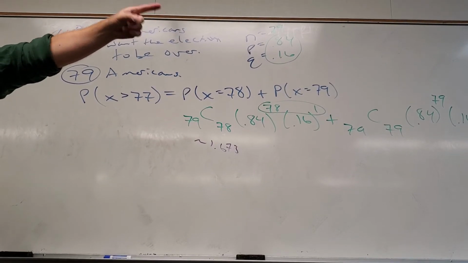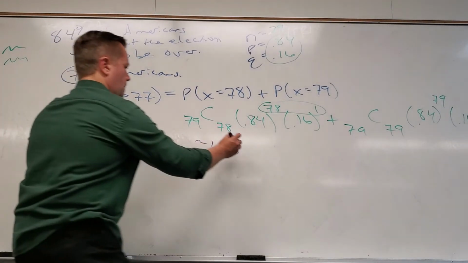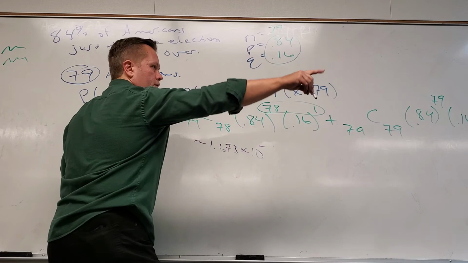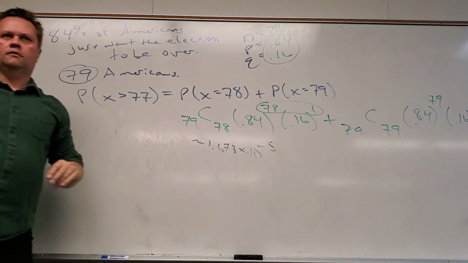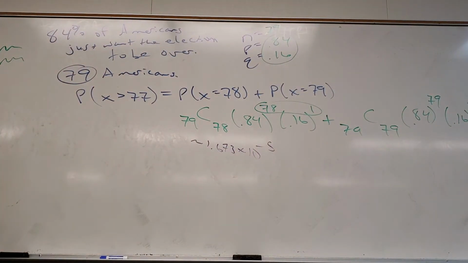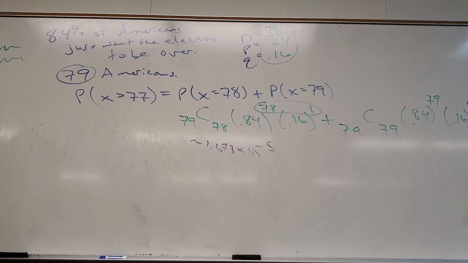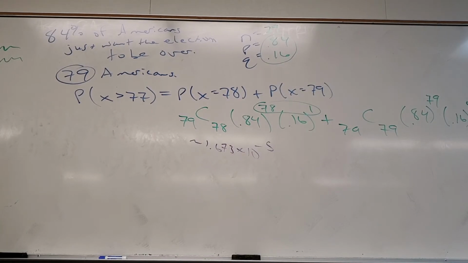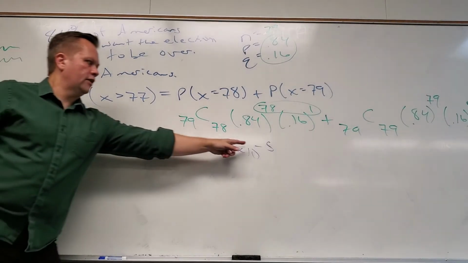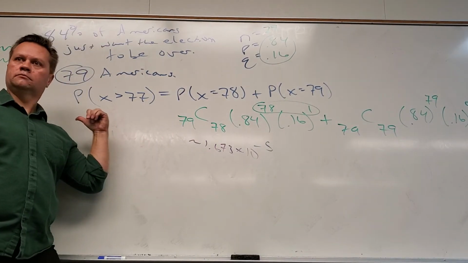Times 10 to the negative 5th. Oh, scientific notation. How do I write that as a regular decimal? I move that decimal place how many times, and where? 5 times that way. I'm bad with left and right, so I always remember negative power means small number.